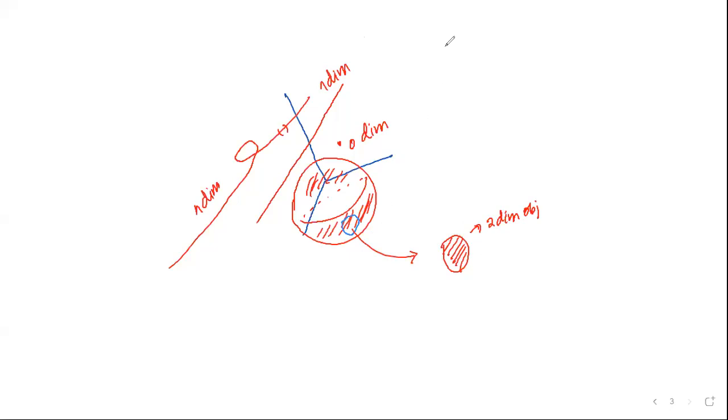And there are some three-dimensional objects as well. For example, a solid cube, a cube which is not hollow but filled.